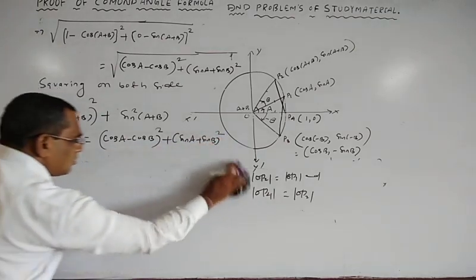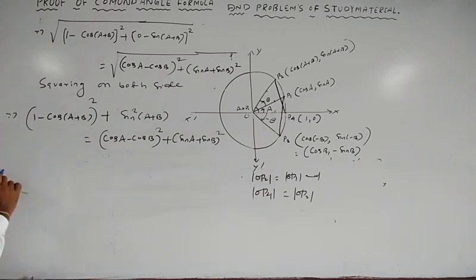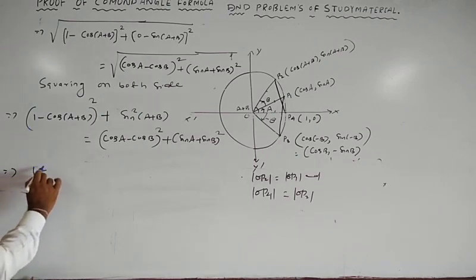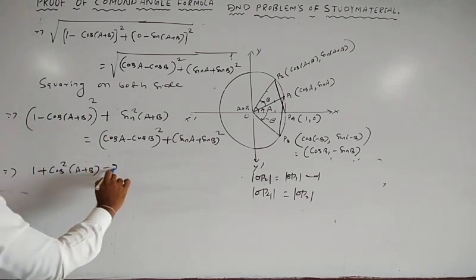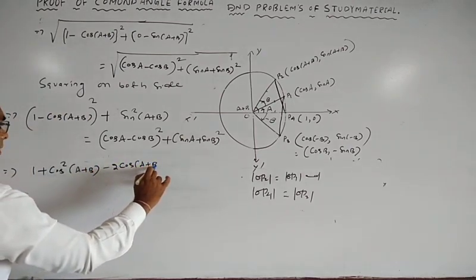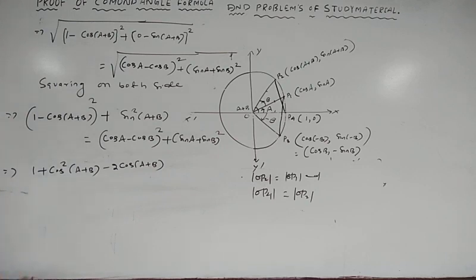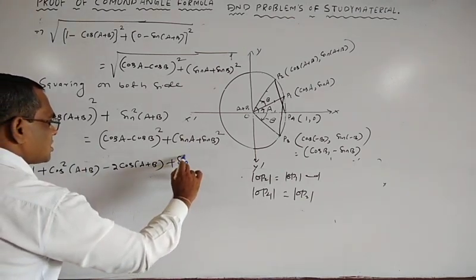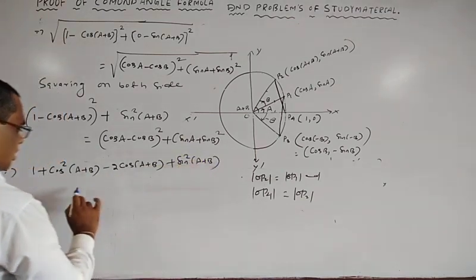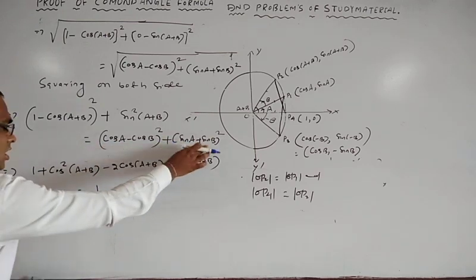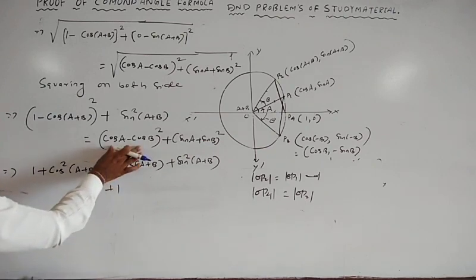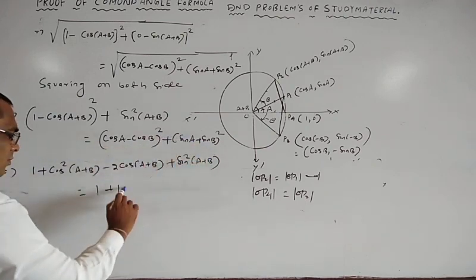Now to simplify this square: 1 plus cos square of (a plus b) minus 2 cos(a plus b), plus sin square of (a plus b). Here also cos square a plus sin square a is 1, cos square b plus sin square b is 1, minus 2 cos a cos b plus 2 sin a sin b.